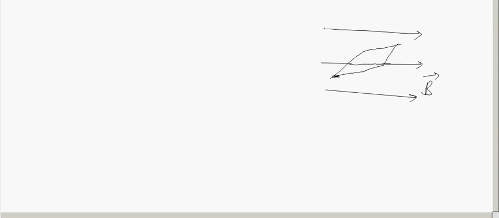Now a bar magnet is placed in a uniform magnetic field B and it is under equilibrium condition. Now if you rotate this bar magnet or this compass needle by an angle theta, then you know that it experiences a torque.